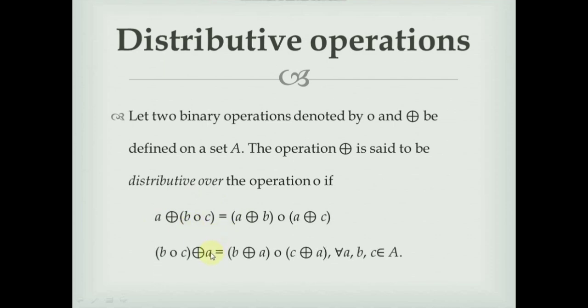Similarly, (B dot C) round plus A is equal to (B round plus A) dot (C round plus A) for all A, B, C belonging to A. Here we are distributing the operation outside the bracket over the operation inside the bracket.